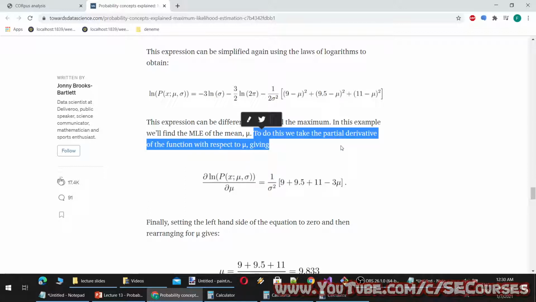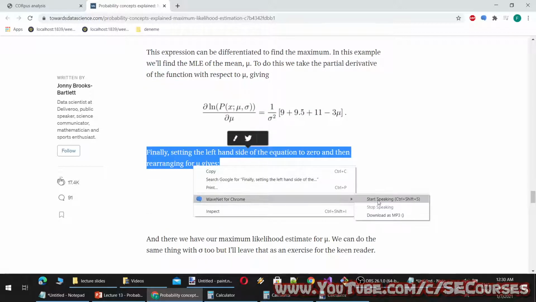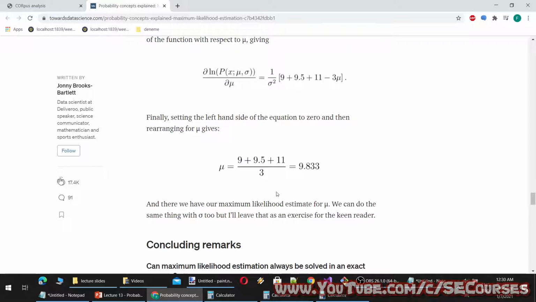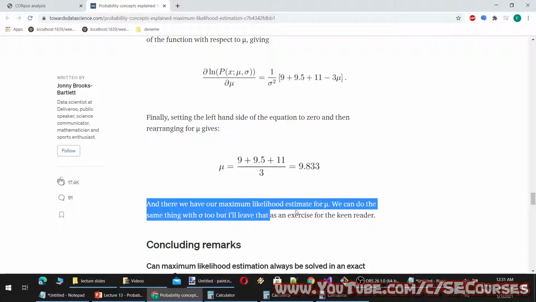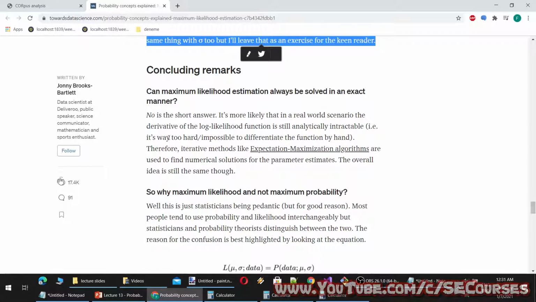To do this we take the partial derivative of the function with respect to mu, giving. Finally, setting the left-hand side of the equation to 0 and then rearranging for mu gives. And there we have our maximum likelihood estimate for mu. We can do the same thing with sigma too, but I'll leave that as an exercise for the keen reader.